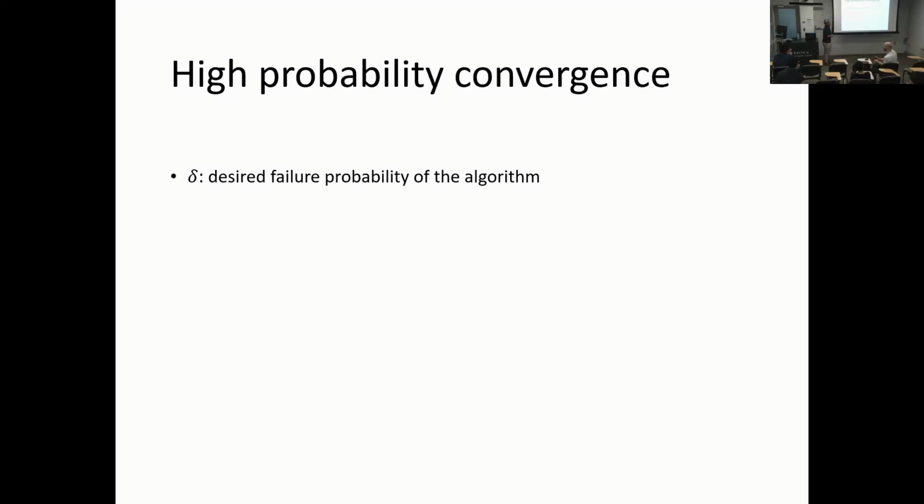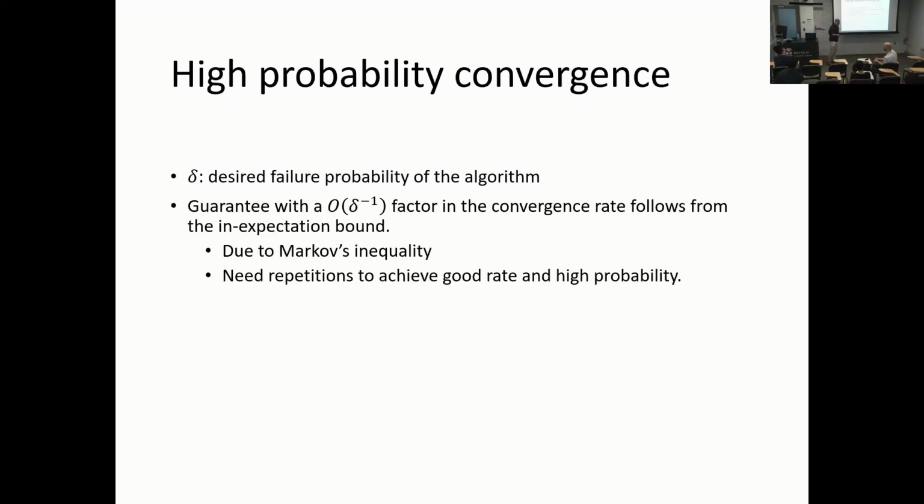The simplest thing you can say is to apply Markov's inequality. You know the expectation, so with Markov's inequality you get a guarantee with dependence of 1 over the failure probability delta. And this guarantee is nice because you can use the in-expectation bound immediately.